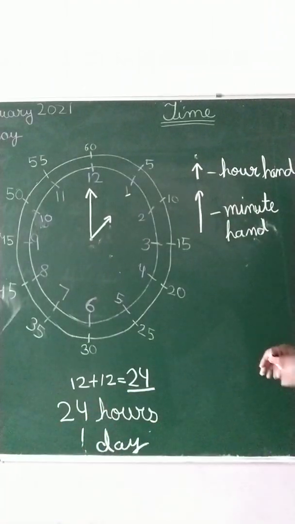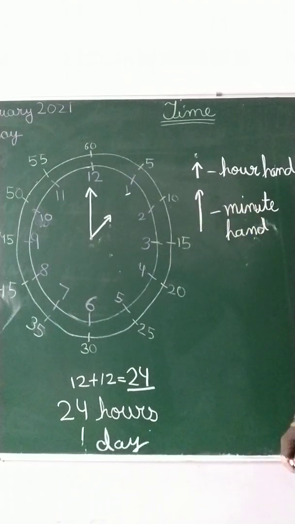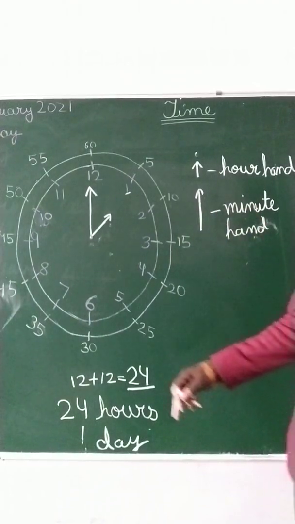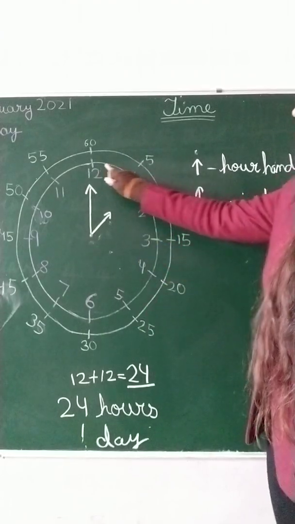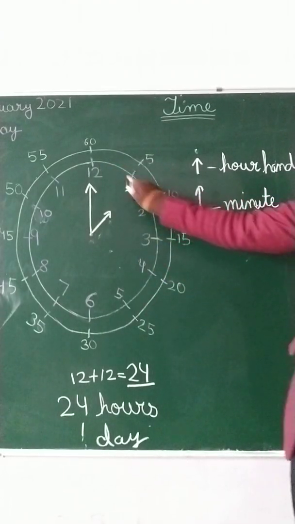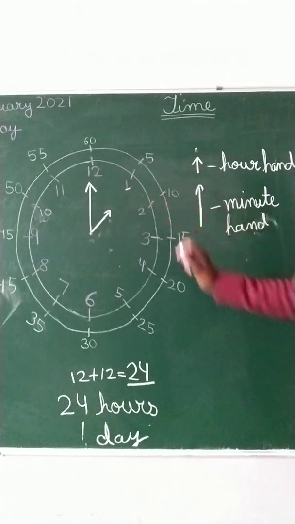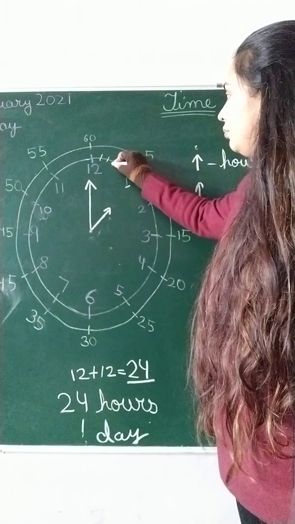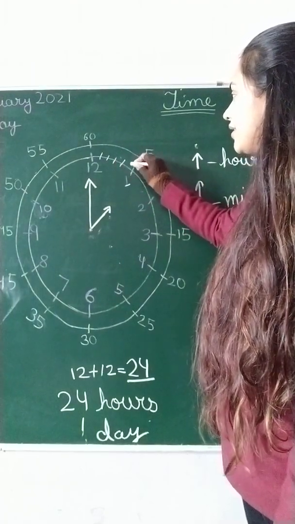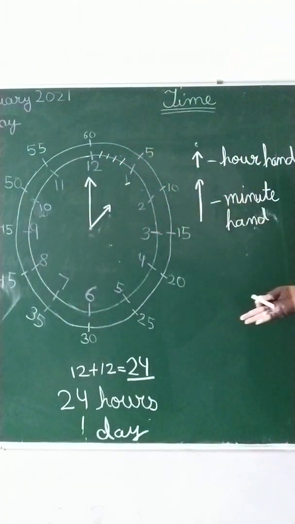Now let us see again how we read the time. I have already told you in my earlier class also, from 12 to 1, we have 5 minutes. 1, 2, 3, 4, and then this is the 5th one. That is the 5 minutes.